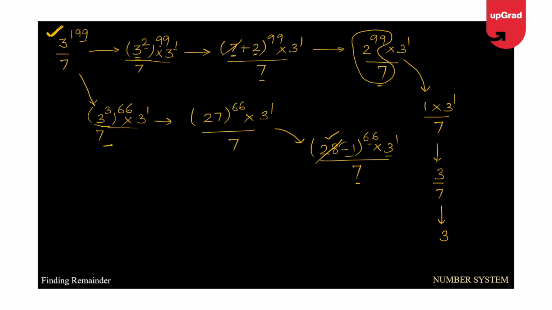Please understand, we can't ignore this sign. We have to consider it. So minus 1 to the whole power 66, minus 1 to the power even number will give me plus 1 multiplied by 3 by 7, which will give me 3 by 7, and that will give me 3 as my answer.